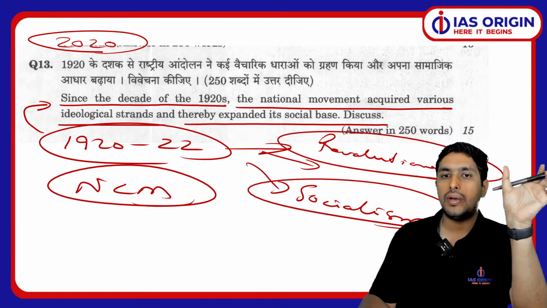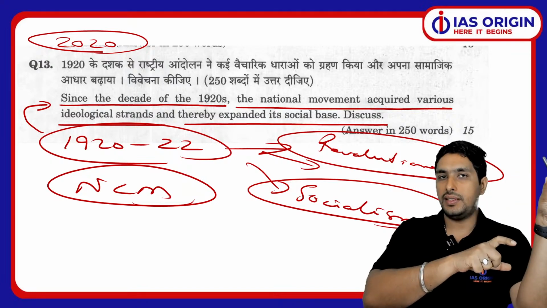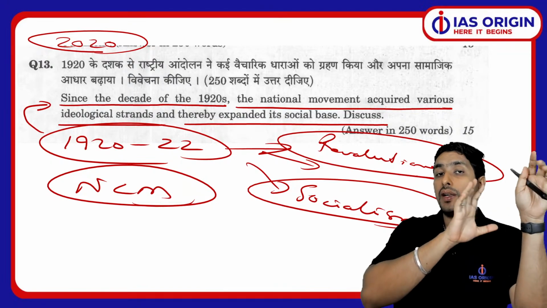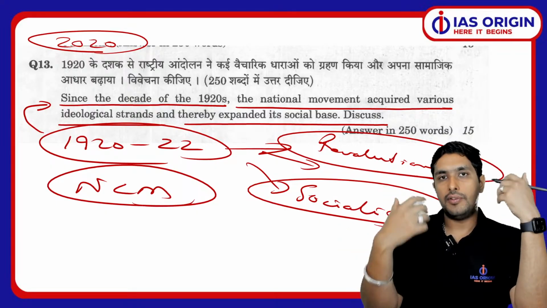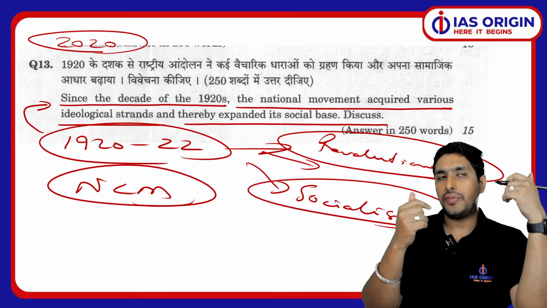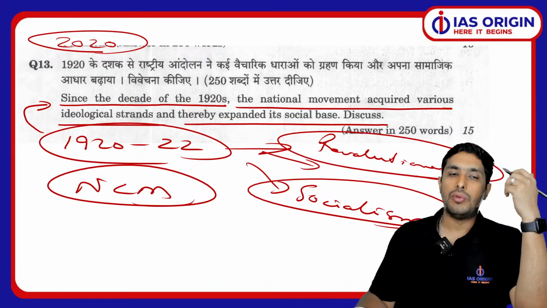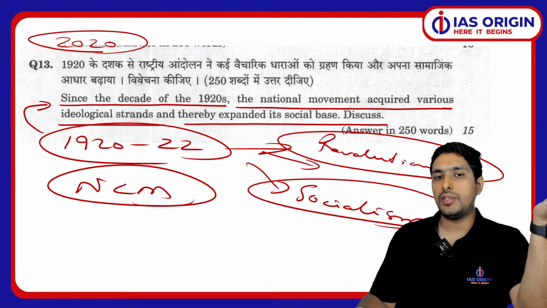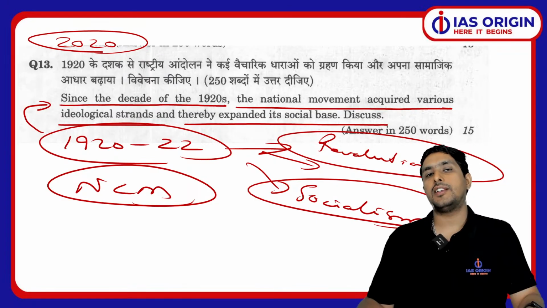So you have to understand this thing. After the withdrawal of the NCM, not only Gandhiji's ideology was there, but other ideologies coexisted. Revolutionaries were very much active, attracting a lot of young people. We had even the farmers being a part of the freedom struggle now to a great extent, and socialist ideology was definitely there. So we are supposed to be understanding this point very precisely.